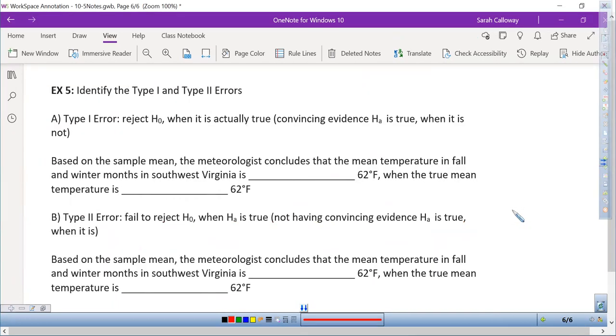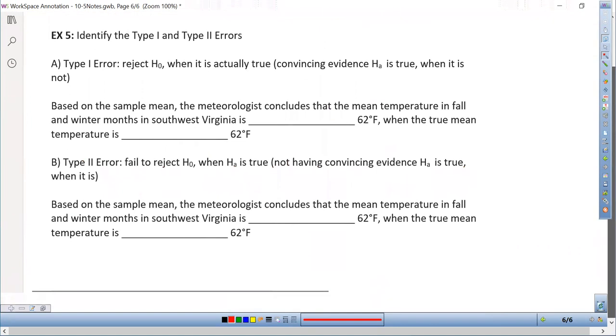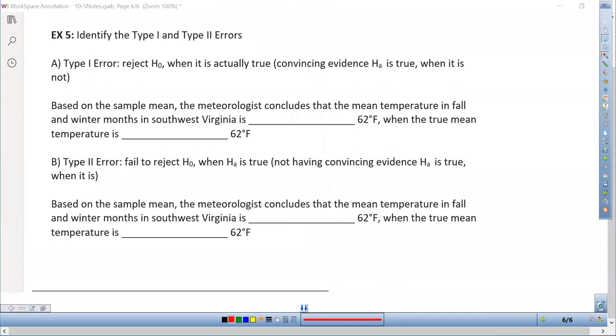The last thing that this section focuses on is type 1 and type 2 errors. So a type 1 error is when you reject the null hypothesis, but it's actually true. So you have convincing evidence that the alternative is true when it's not.